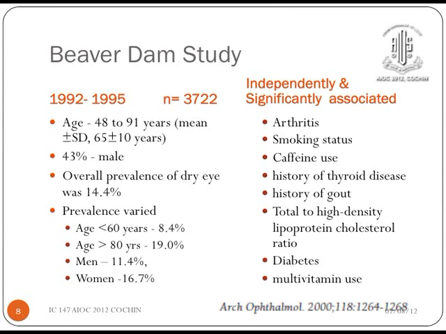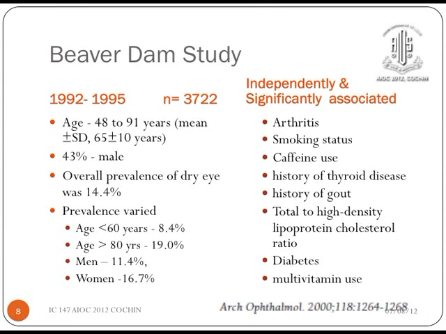The second study which evaluated dry eye was the Beaver Dam study, and this was done earlier than the Salisbury Eye Survey. The patients included were in the age group of 48 to 91 years. 43% were male, that is 57% were female patients, and the overall prevalence in this study was 14%. And the prevalence varied in the age groups they were studied.